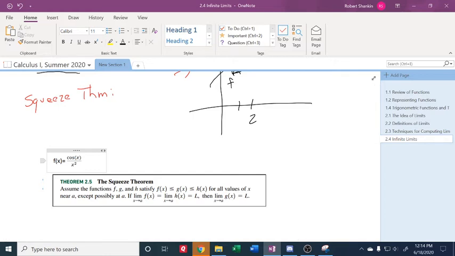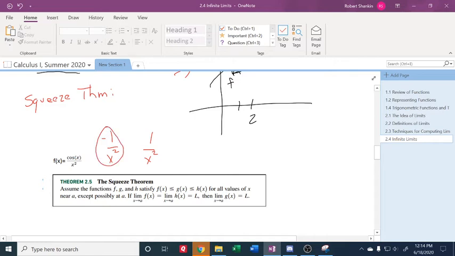What we wind up doing with that function is we compare it to 1 over x squared and -1 over x squared. This function, how does it relate to this one?